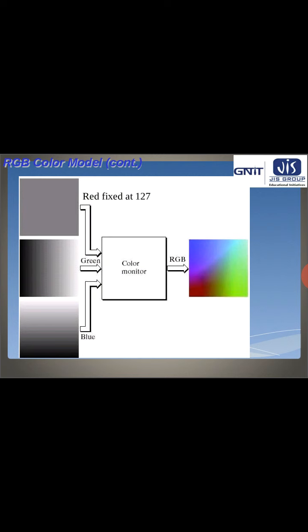Now these are the three different color components. The first one is the red component, the next one is the green component, and the last one is the blue component. For the first one, the red intensity value is fixed at 127. Now if we use a color monitor and combine all these three components of red, green and blue, then we can have a color RGB image.